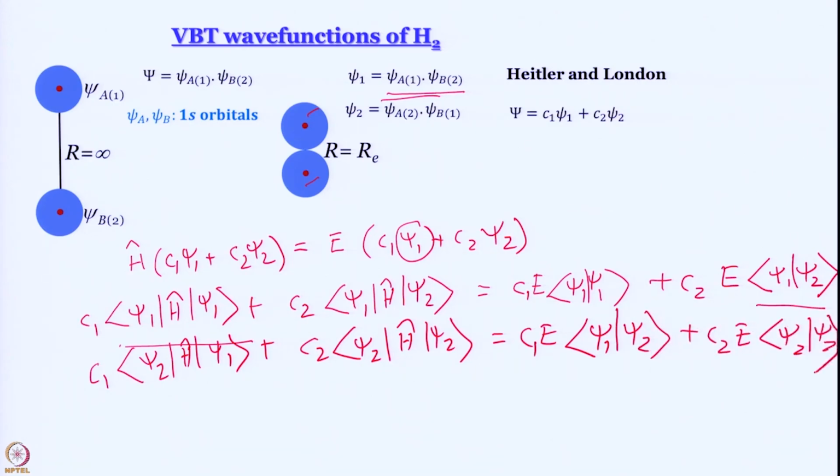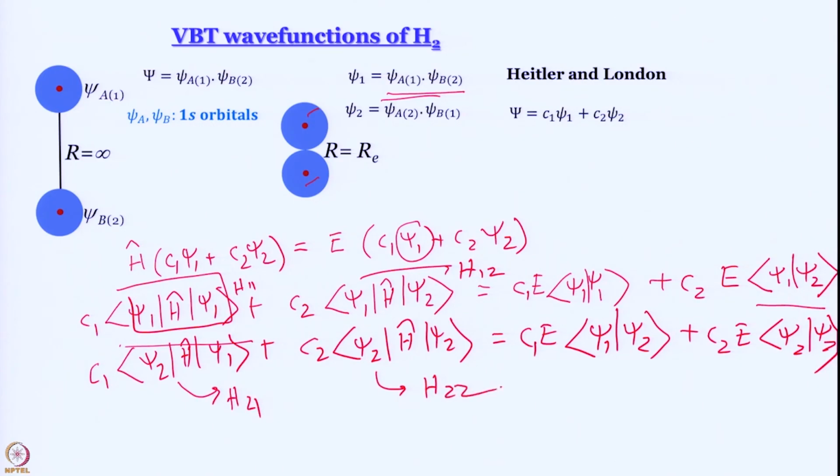We are going to evaluate all these. For now we call this H11, we call this H12. We have encountered these earlier, remember. We call this H21 and we call this H22.